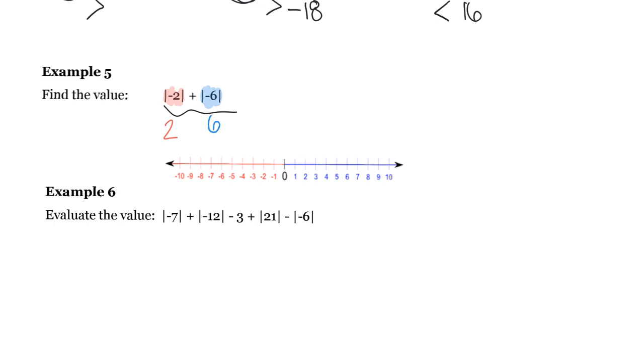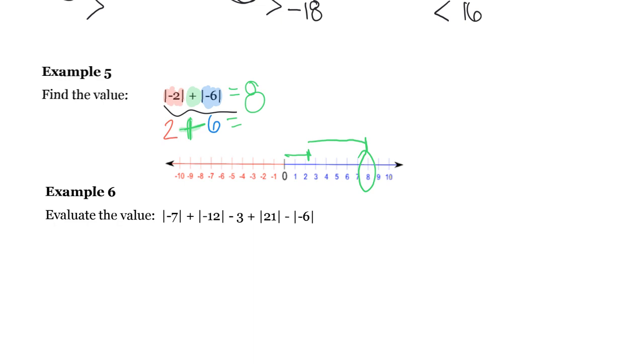And then whatever sign we have in here, in this case it's the plus. If it's a minus, it just gets brought right down. So it gets put in the middle. So what's 2 plus 6? So we're going to show that on our number line. So we have 2 plus 6, and that gives us 8. Okay? So then we know that it is equal to 8.